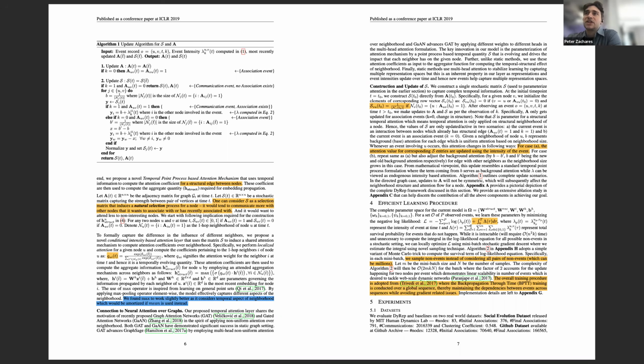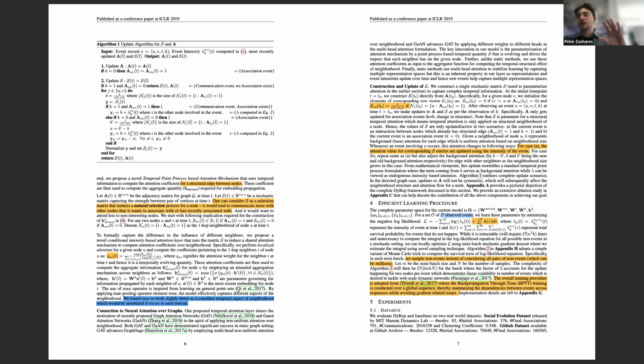What's the unsupervised objective, which is this function here. What it's basically saying is that if P are the observed events, it's maximizing the probability of each of the P events occurring, I'm guessing at the time at which they occur, plus the probability of all the other events not occurring.